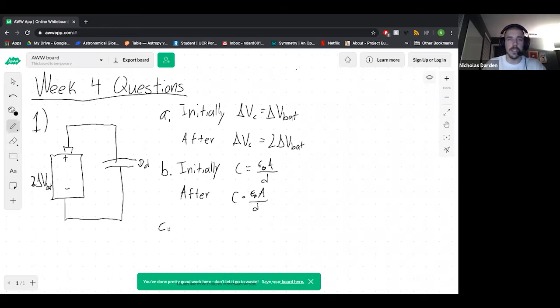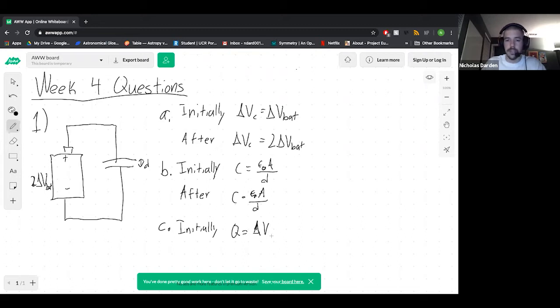And then for C, what we're asking is, does the charge change, right? So we want to use the other equation where we have initially that the charge was equal to, and I'm referencing my notes over here because I forgot it off the top of my head, the voltage difference.